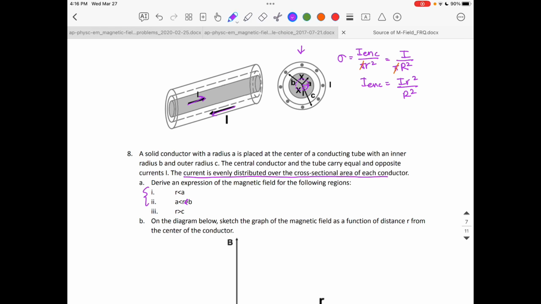And then we plug that into our Ampere's law, which is the closed integral of B ds is equal to mu naught I enclosed, which we have established as I little r squared over big R squared. ds is the Amperian loop, and every small section of that loop is ds.